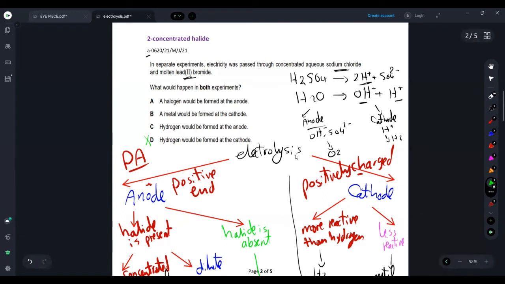Hydrogen would be formed at the anode is completely wrong because we never find hydrogen at the anode. Now we end up with two options, A or B. A metal would be formed at the cathode in both of them. This is okay for molten lead bromide, but wrong for aqueous sodium chloride. So the option is A.